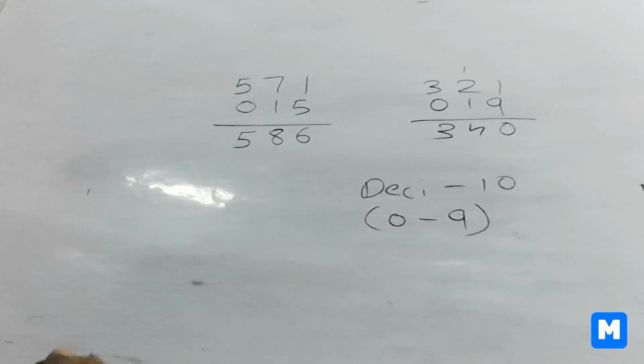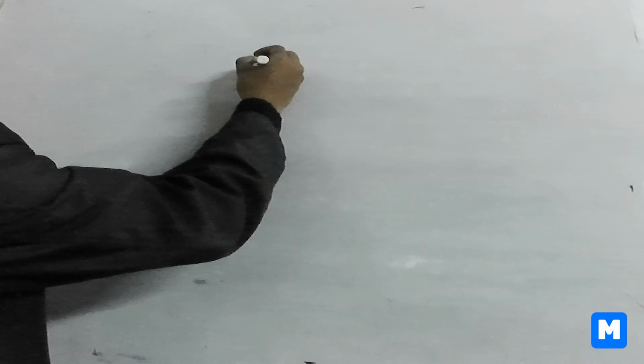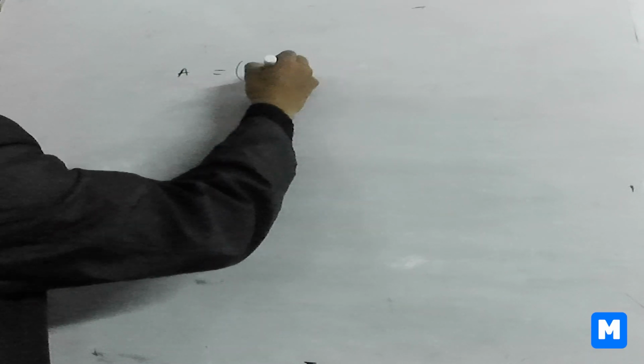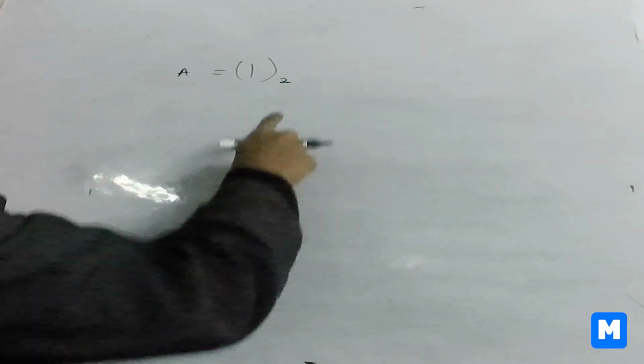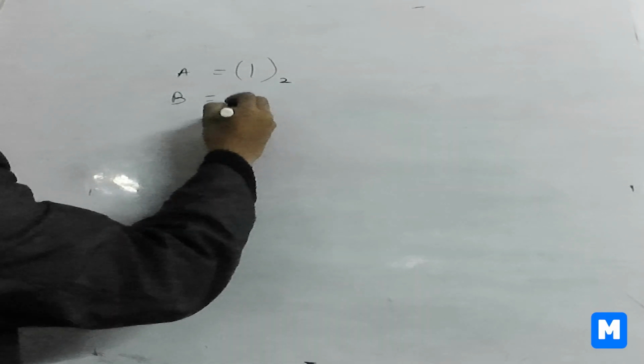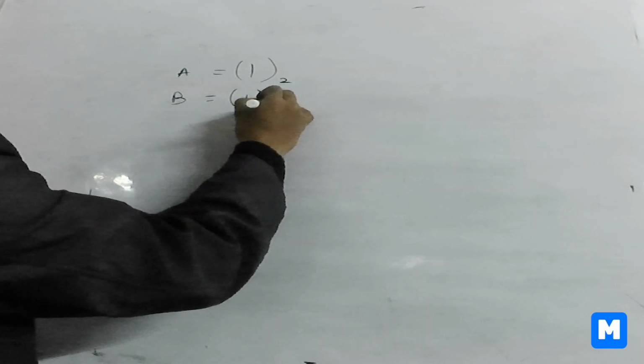In order to add in the binary system, it's similar to how you would add in your decimal system. Say for example, you have two numbers. Your first number A is 1. This is in the binary system, that's why I write it as base 2. We have another number B, which is again 1, in base 2.